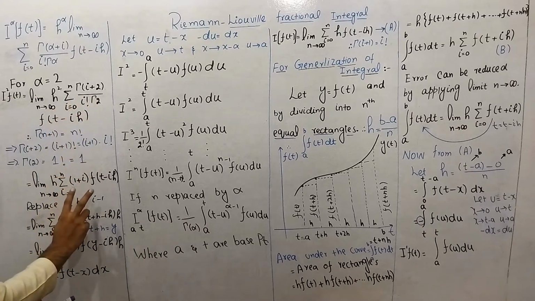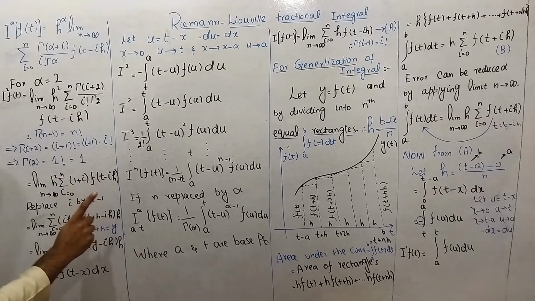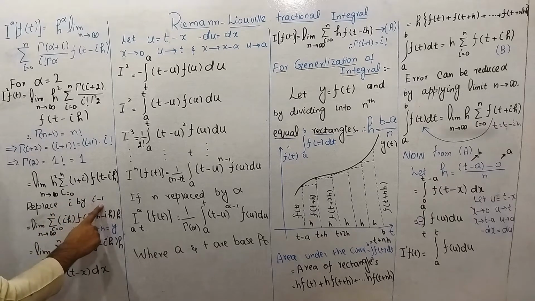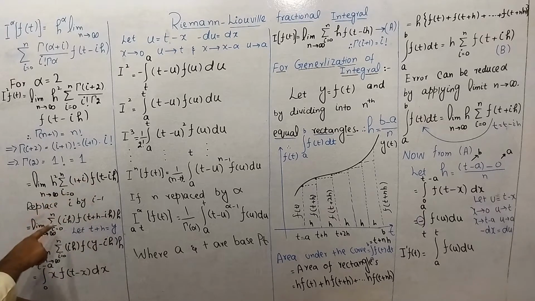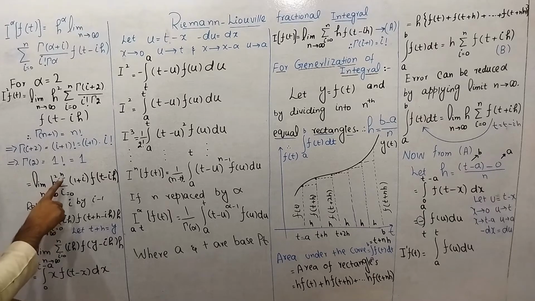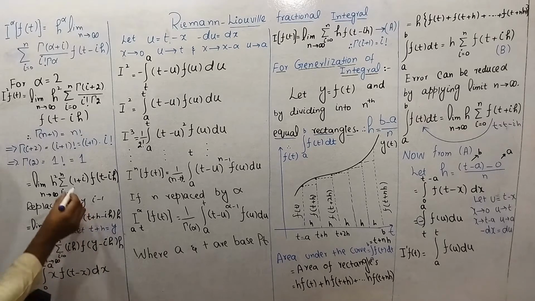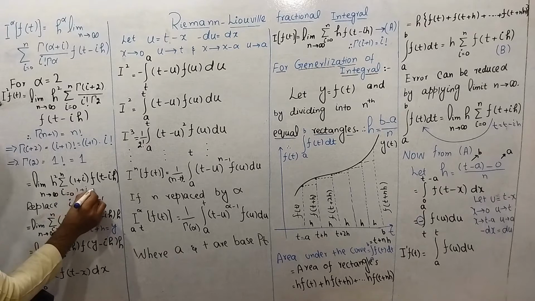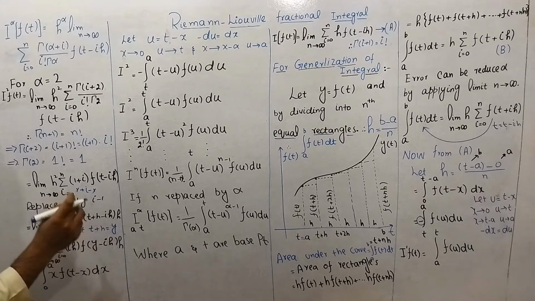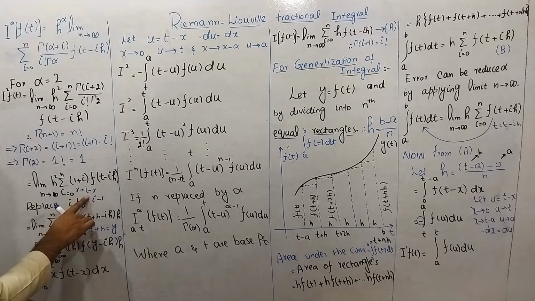So the relation will be, if we substitute i by i minus 1, the limit will be the same, the summation will be the same, and the a square. As I replaced i by i minus 1, the 1 plus i minus 1, so minus and plus 1 cancel out, and only the minus 1 remains.